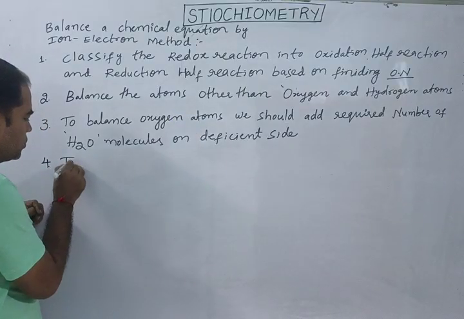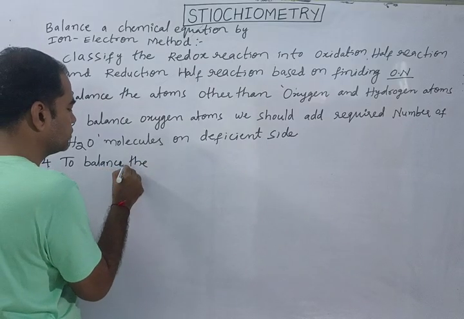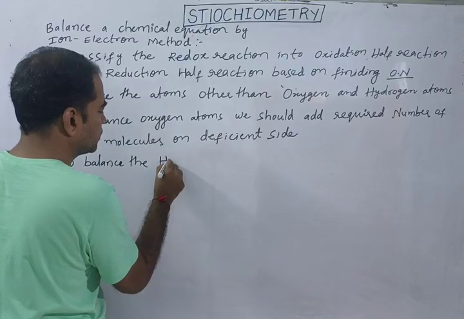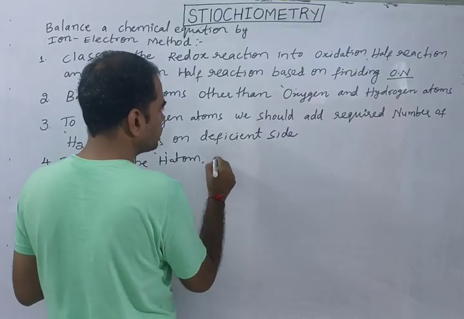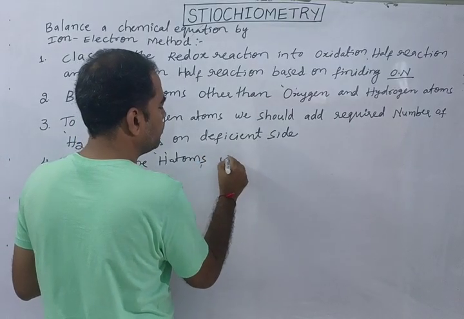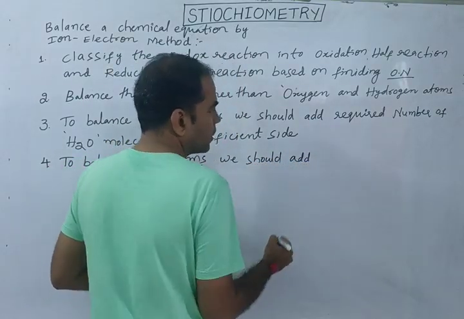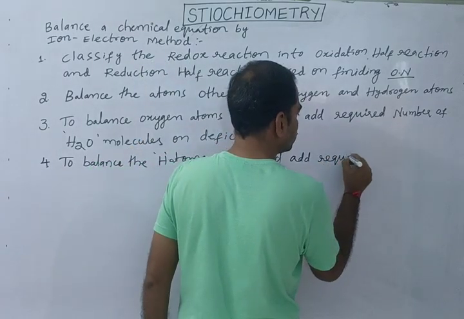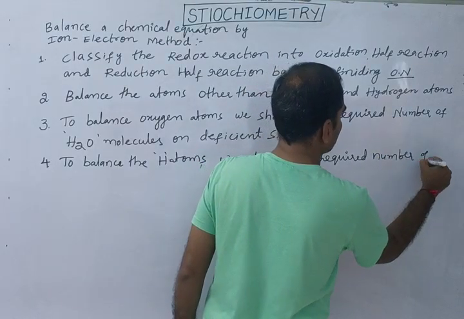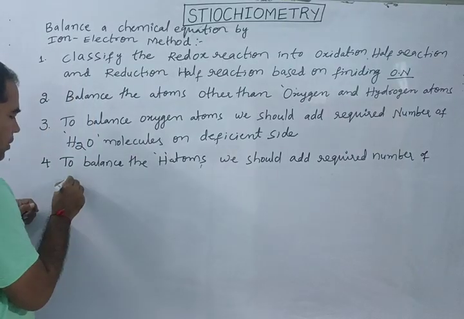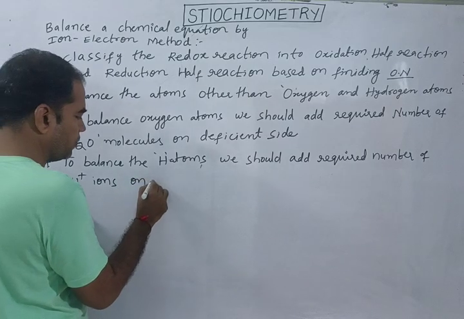To balance the hydrogen atoms, we should add the required number of H plus ions on the deficient side.